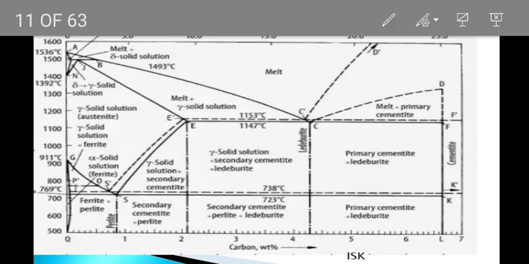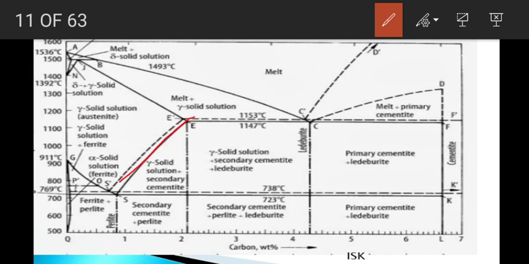This is curve ES. This is secondary cementite, and it is formed due to the reduction of the solubility of carbon in the austenite.